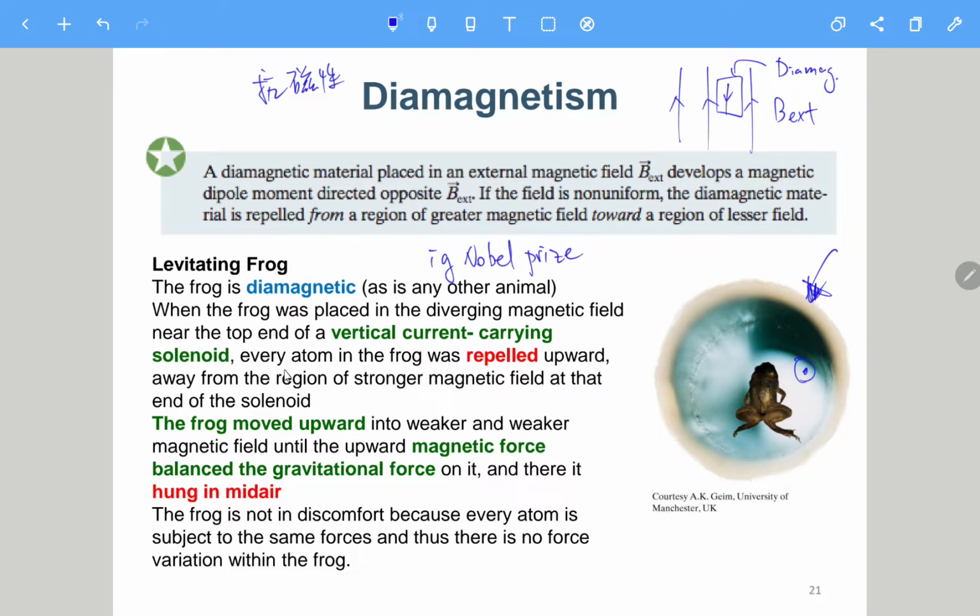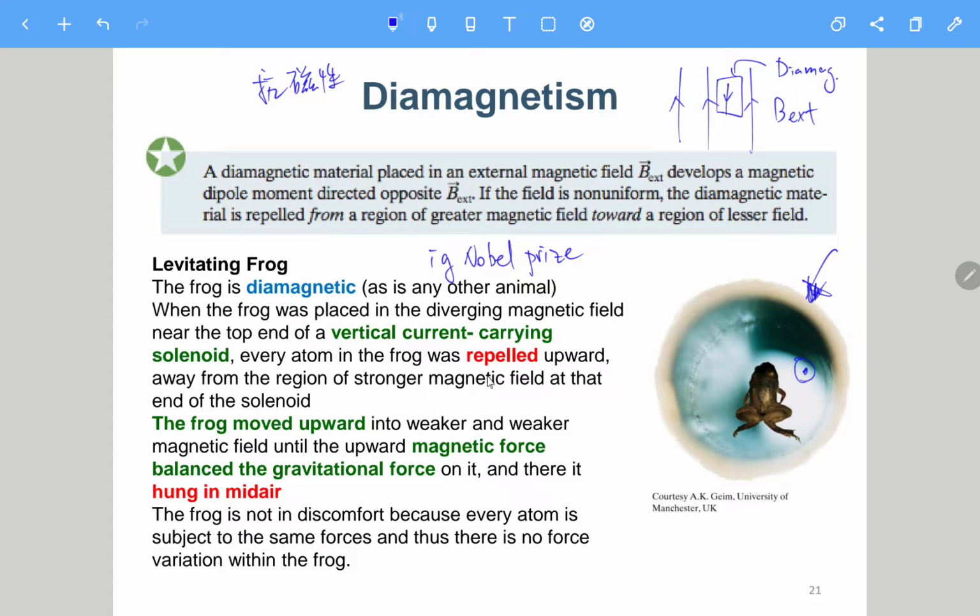Every atom in the frog was repelled upward away from the region of stronger magnetic field at the end of the solenoid. Inside the solenoid, we assume that the magnetic field is uniform, but outside the solenoid, just say on top of it, the magnetic field becomes weaker and weaker. For hand calculation we usually approximate it as 0, but practically the B field will be weaker and weaker.